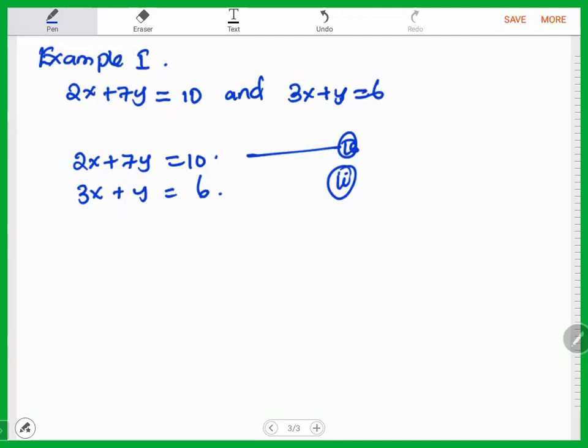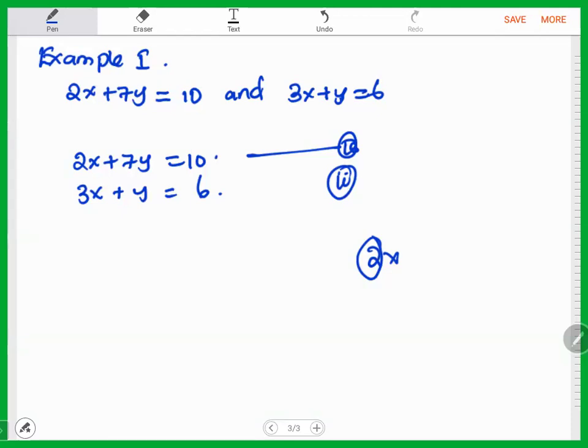Do we understand a coefficient of a variable? If I have 2x, the 2 is a coefficient. If I have to eliminate x, the first thing to do is to look at the coefficients of x in both equations. In the first one, what is the coefficient of x? It is 2. And in the second one?